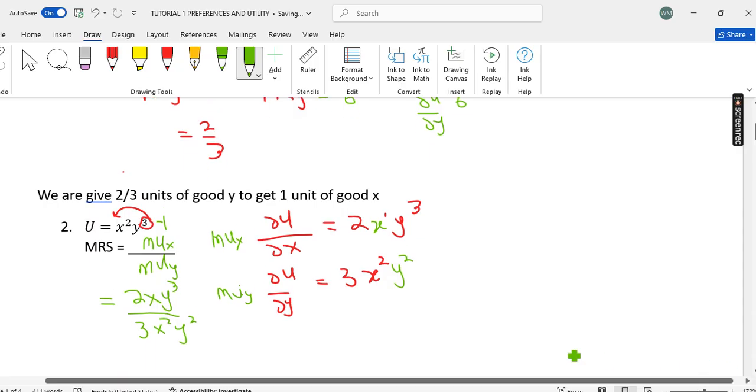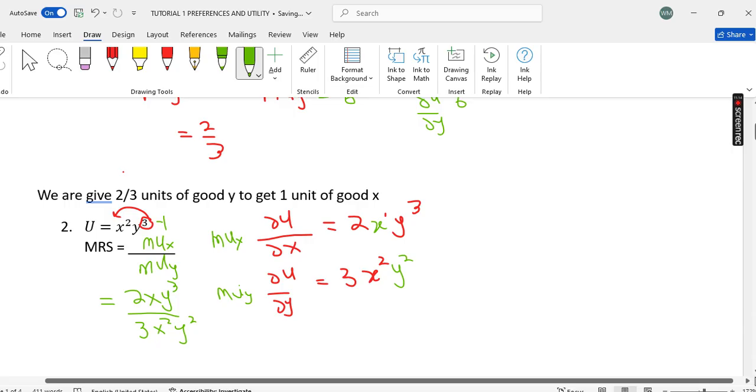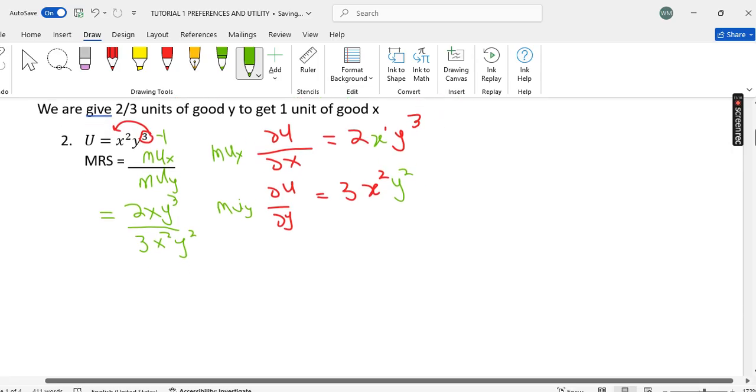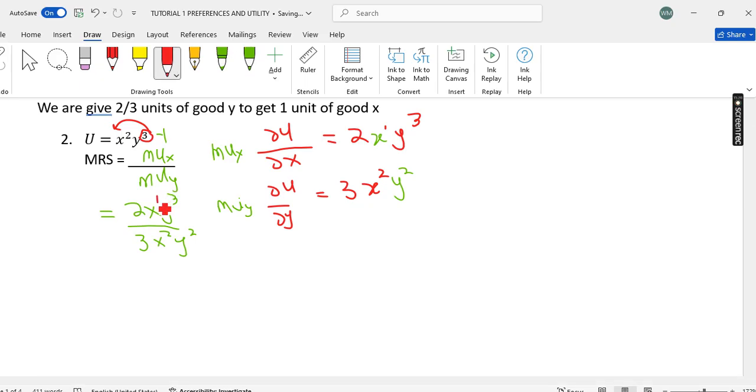Yes, so remember indices, alright? So let me put it here. So here we have x to the power 1, and here we have x to the power 2. When you're dividing same bases, basically same letters, you will subtract the exponents.